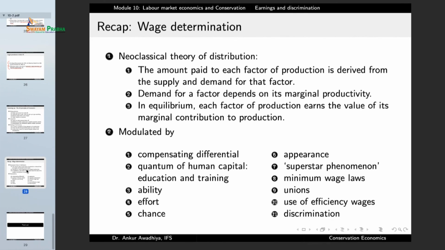It can be modulated by the superstar phenomenon in those sectors where everybody wants the best product, and these products can be made available cheaply to everybody. They can get modulated by the minimum wage laws, by the unions, by the use of efficiency wages by firms, or because of discrimination. So there are a number of factors that can modulate the results of the neoclassical theory of distribution.